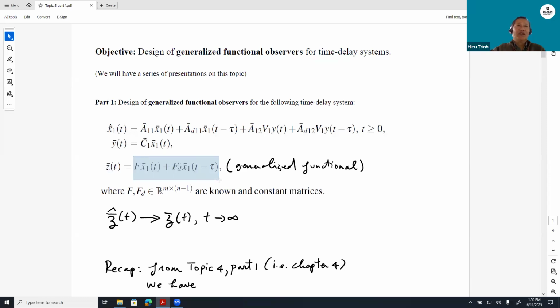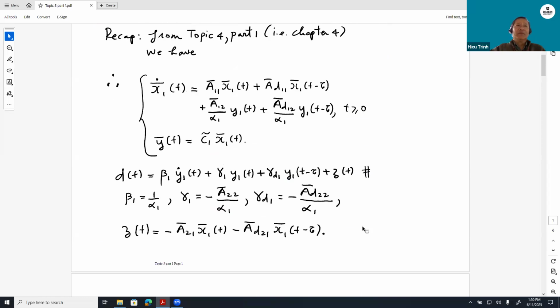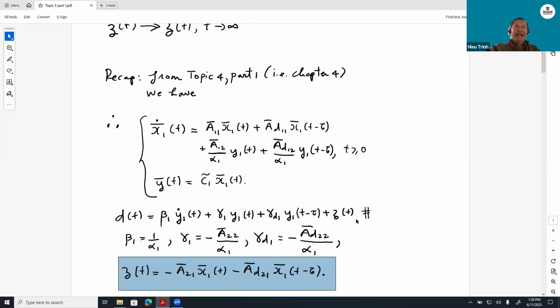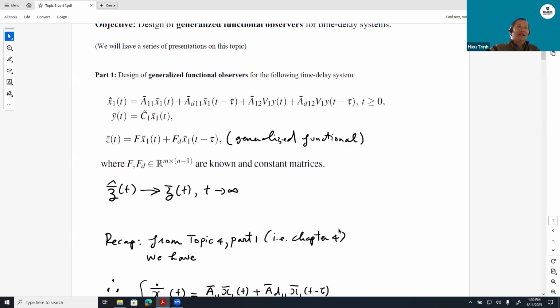When we do the decomposition of the unknown input, we actually came up with that. And there are many more generalized functionals, not just that; there will be multiple delays in there. So there's a need to estimate directly. Because nobody looked at it, nobody realized its significant potential. And that's what we do in this book.